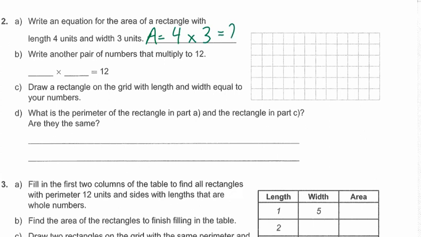And it happens to be 12 units squared, whatever the units happen to be. It says write another pair of numbers that multiply to 12. Well, what things multiply to 12? I can go 3 times 4, I can go 2 times 6, and I can go 1 times 12. Let's use 2 times 6 for this question.